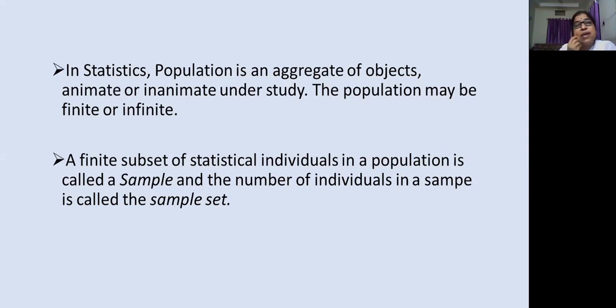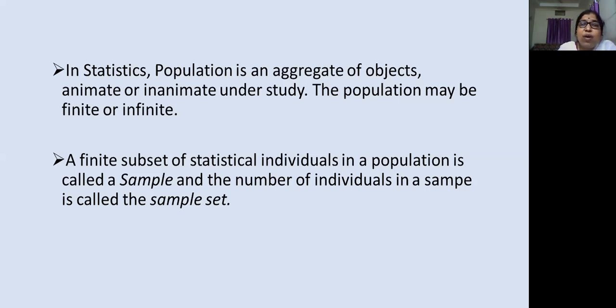If you are studying the number of books which are damaged in the library of a particular college, let us say X, then the population will be the total number of books in that college library.